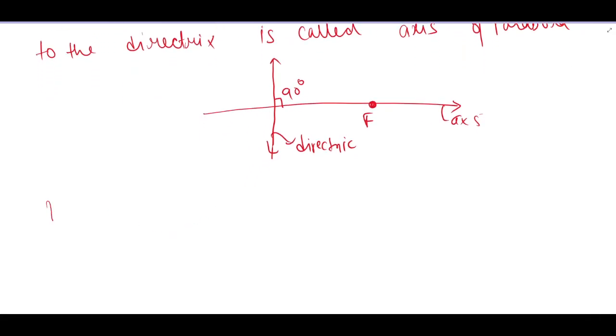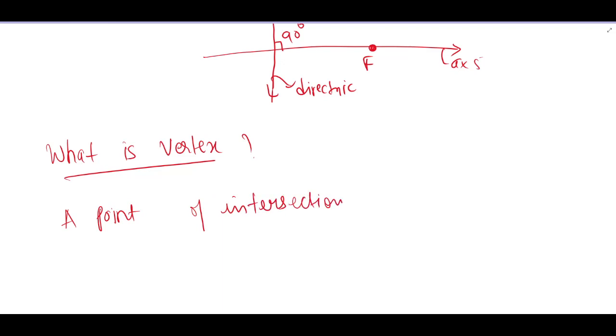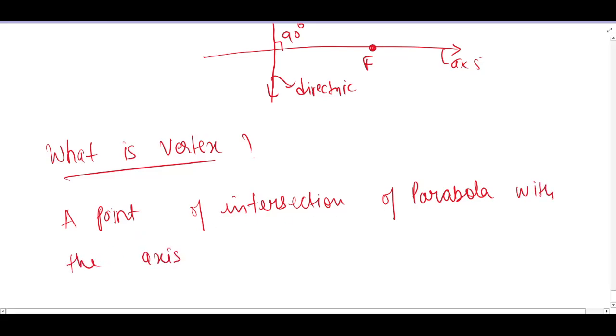Next, what is the vertex? The point of intersection of a parabola with the axis is called the vertex of a parabola.